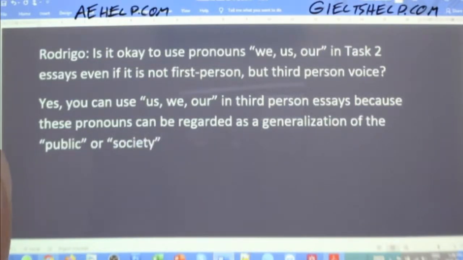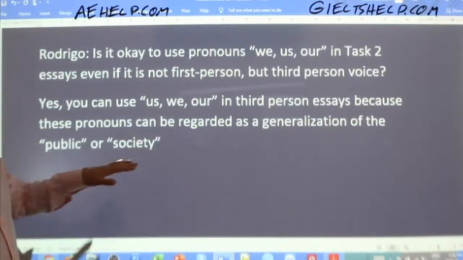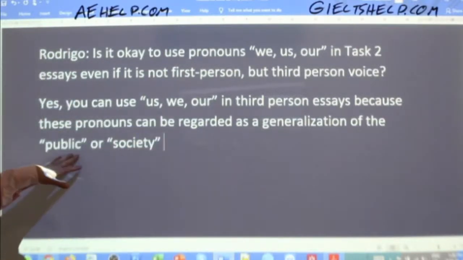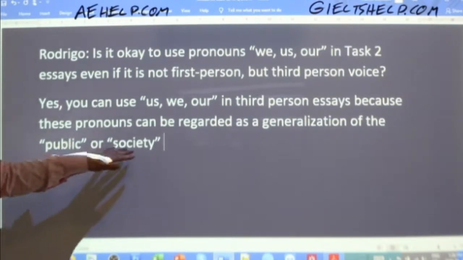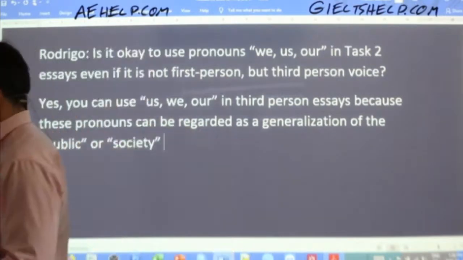Okay, so to put it another way, Rodrigo, us, we, our is basically a paraphrase for the public or community or society. However, here's an interesting point, Rodrigo, and other students who have wondered about this.